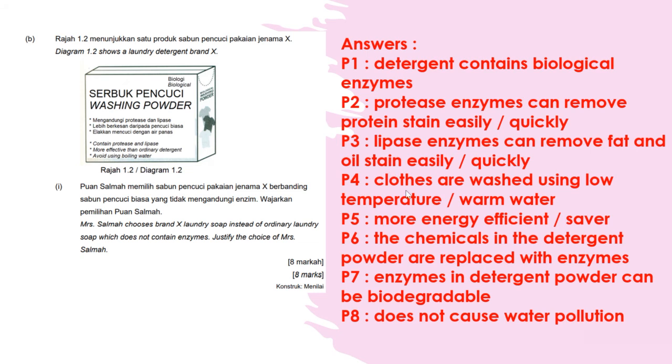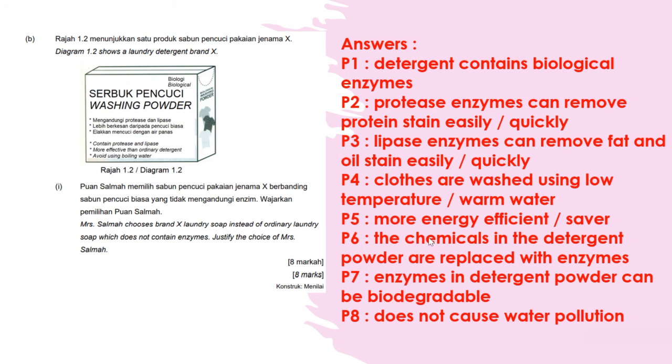Okay, now point number 4, clothes are washed using low temperature or warm water. Okay, why do we have to wash in warm water? Because warm water refers to the optimum temperature, which allows the enzymes to function very efficiently. Then point number 5, more energy efficient or energy saving.